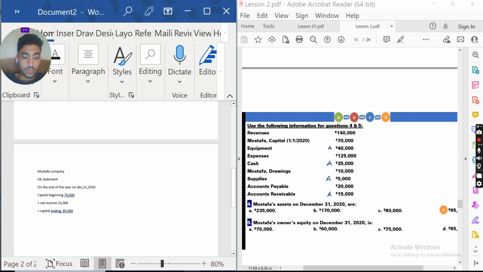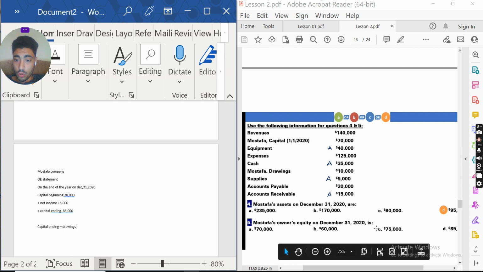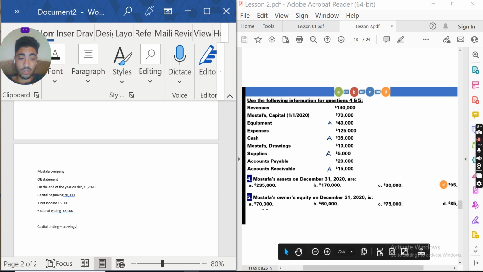So capital ending minus drawings to get the current value we need. So 85,000 minus drawings, 10,000 would give us 75,000. So I will go with C, answer C.